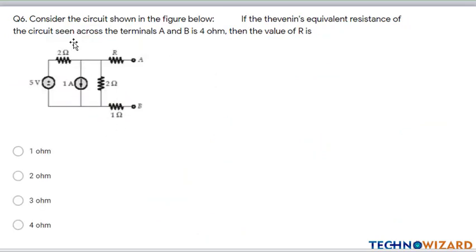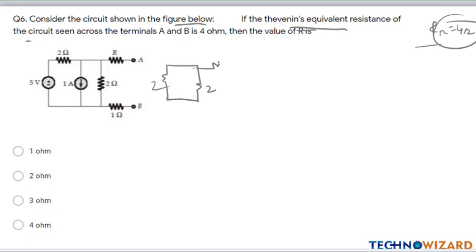Okay. Question number 6. This is a network theory question. Consider the circuit shown in the figure below. If the Thevenin equivalent resistance RTH is given as 4 ohm, we have to find R. To find RTH, we turn off all the independent sources, that is voltage sources are replaced by short circuit. This will be 2 ohm, this will be open circuit, 1 ohm, this will be 2 ohm, 2 ohm, and this is R, and this is 1 ohm.